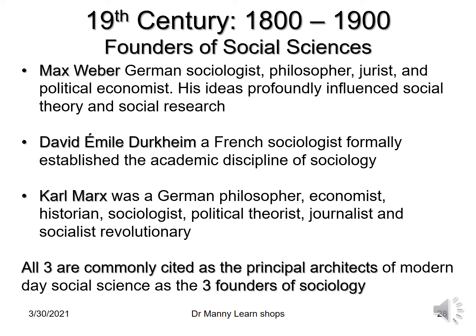Then you've got Karl Marx, which you've touched on numerous times in other courses and will touch on again in other courses that you'll be doing. He was a German philosopher, economist, historian, sociologist, political theorist, journalist, and a socialist revolutionary. However, all three are commonly cited as the principal architects of modern-day social science, as the three foundations, or the three founders of sociology.